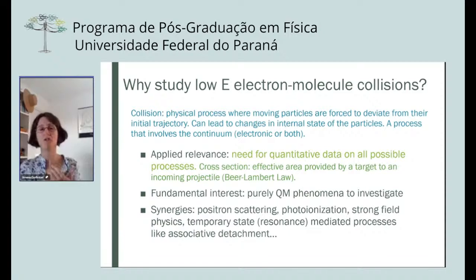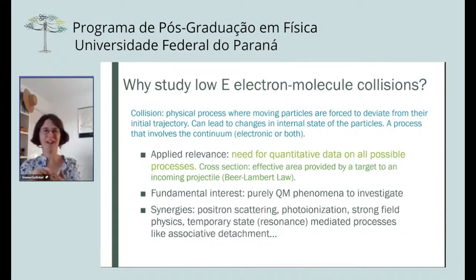Well, because of their applied relevance on one hand, and this is because there are a lot of environments in which you have free electrons and molecules, and I will mention a few in my next slide. And that means that if you want to model those environments to perhaps predict their behavior, you need quantitative data on all the possible processes that can take place. And that quantitative data is normally provided in the shape of cross-sections.